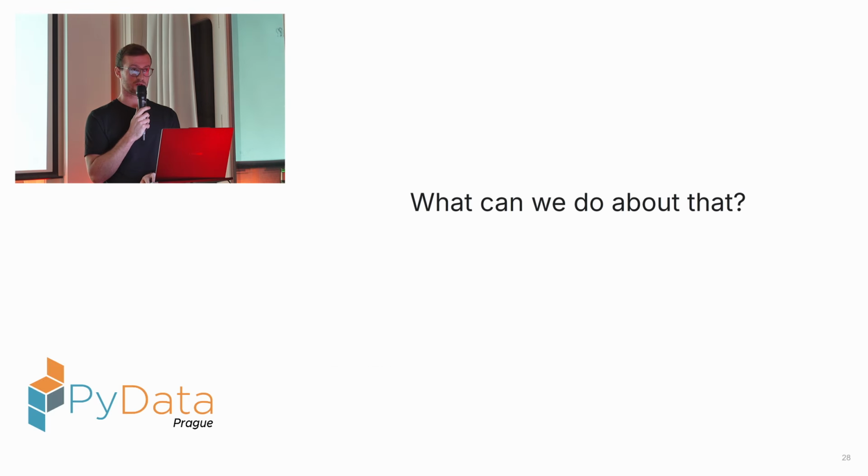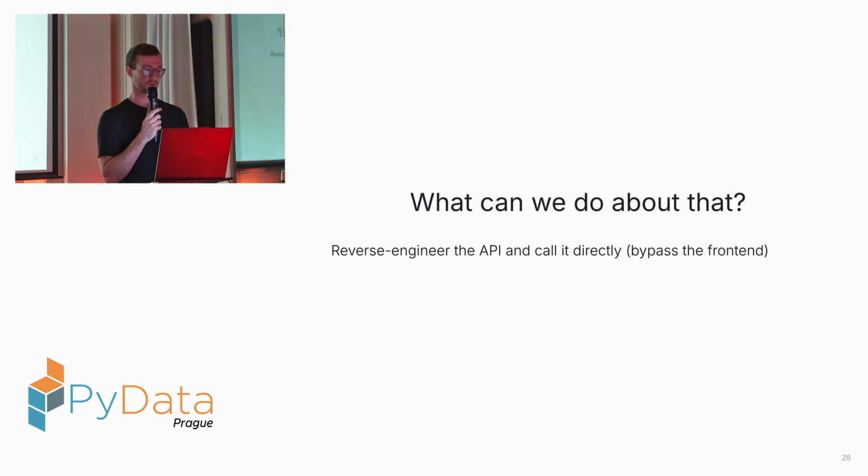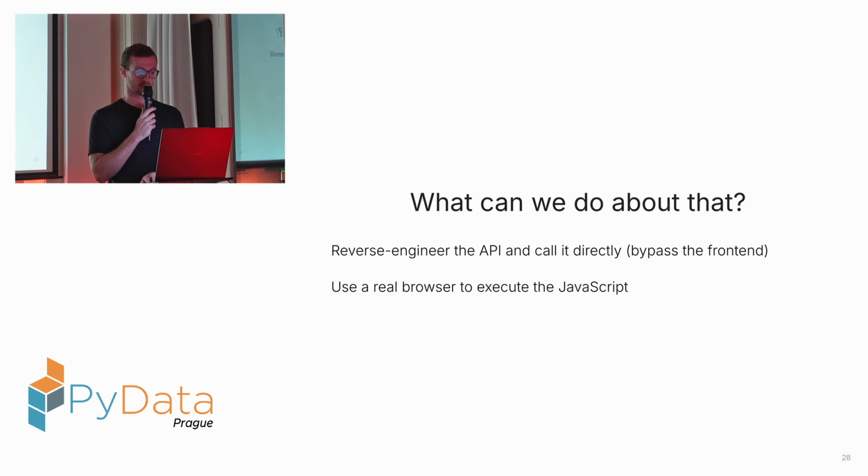So what can we do about that? We have two options. The first one is to reverse engineer the API and call it directly, completely bypassing the front end. It's a good way to go, but it's a topic for another talk, so we're not gonna go this way.